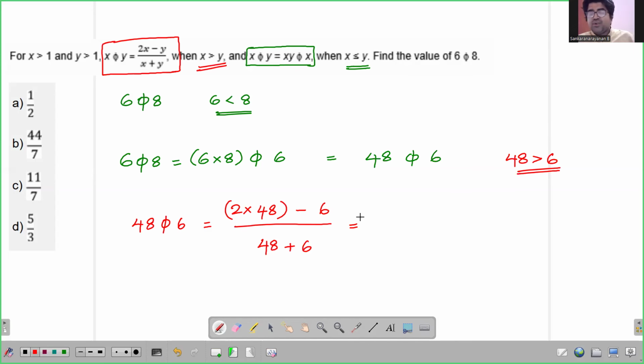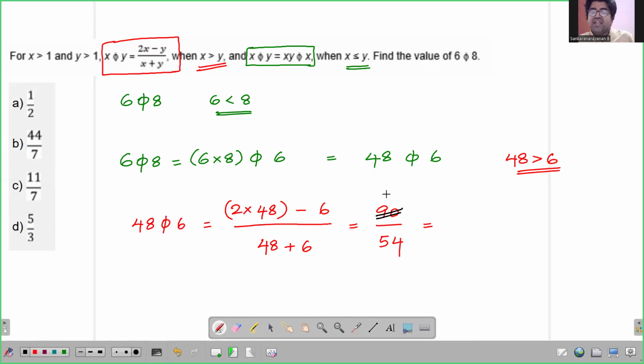I know that 2 into 48 is 96. 96 minus 6 is 90, divided by 48 plus 6, which is equal to 54. Now when I am simplifying it, 18 5s are 90, right?